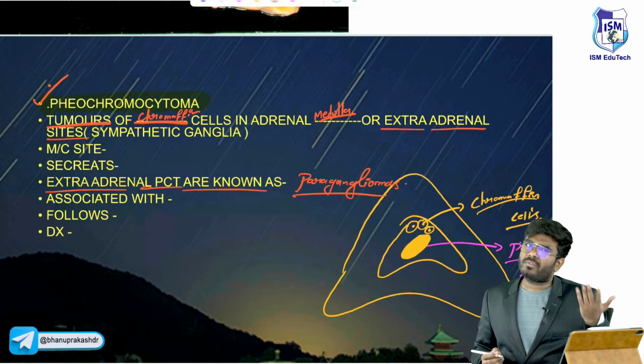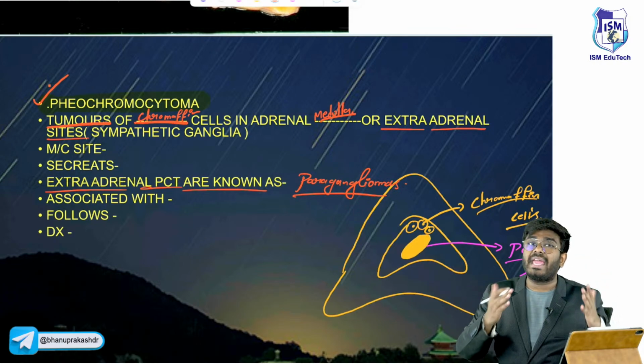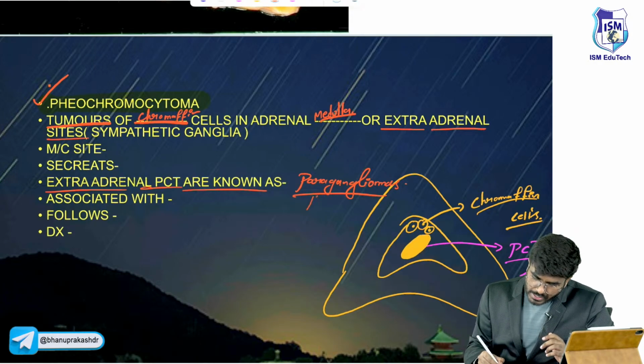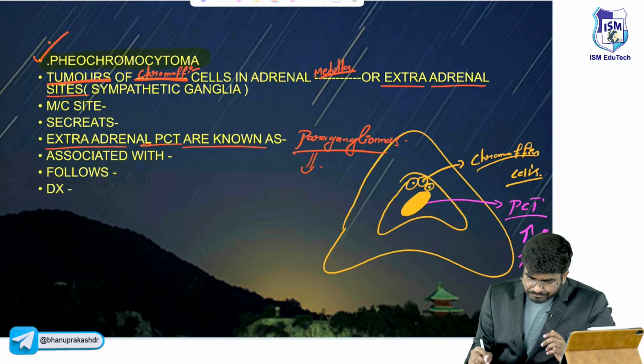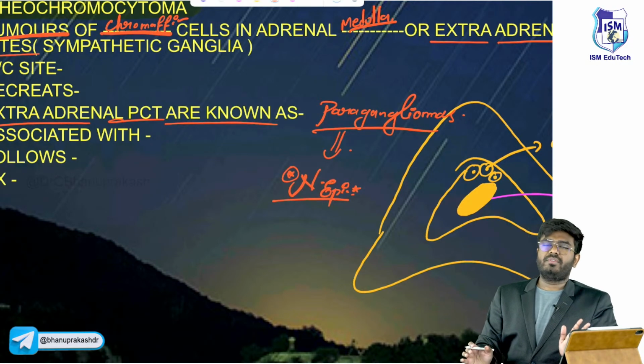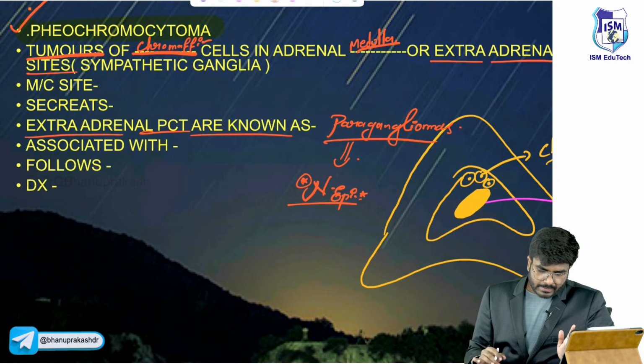Paragangliomas are nothing but tumors of chromaffin cells outside the adrenal gland. These paragangliomas will produce norepinephrine only, no epinephrine, predominantly norepinephrine. Done.